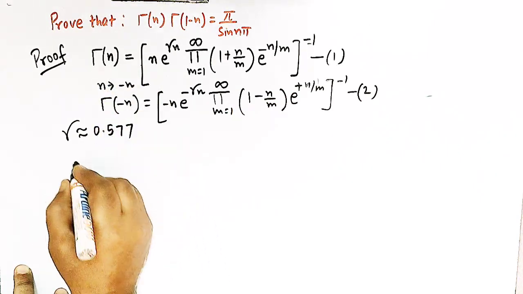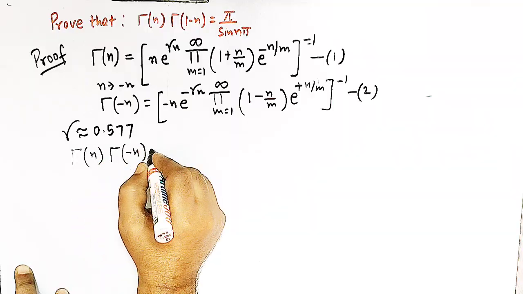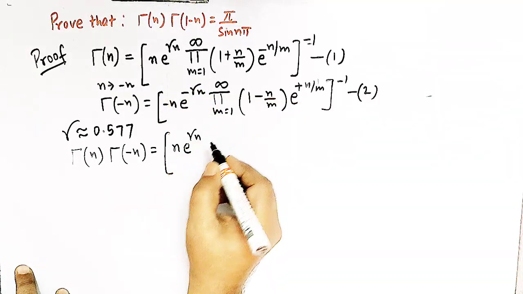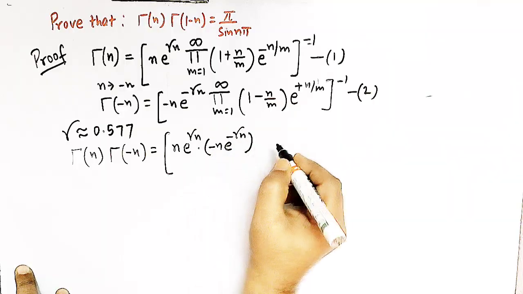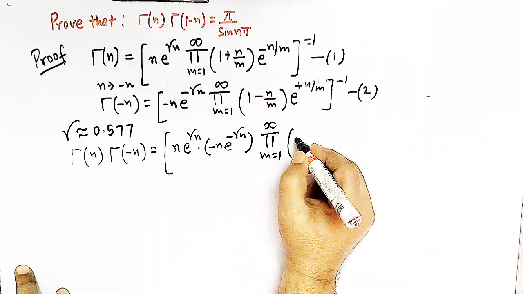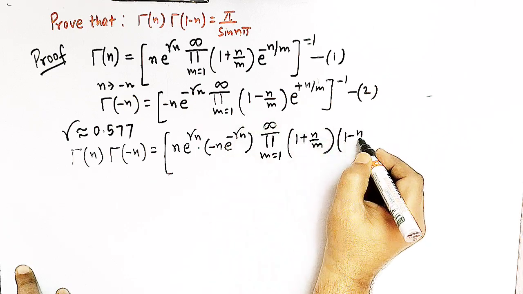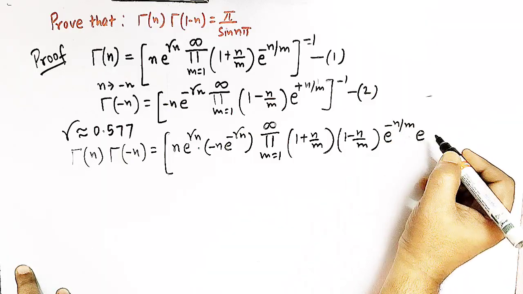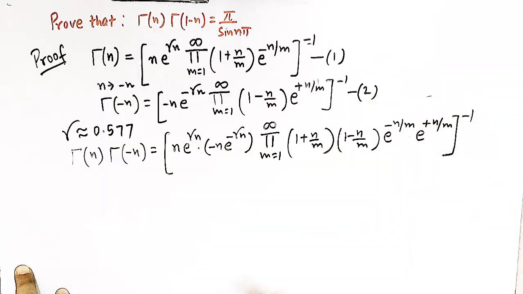Multiplying these two equations, we get Γ(n) Γ(−n) equal to n e raised to γn times minus n e raised to minus γn, and then the product from m equal to 1 to infinity of (1 plus n over m) (1 minus n over m) e raised to minus n over m, e raised to positive n over m, and here we have minus 1, right?